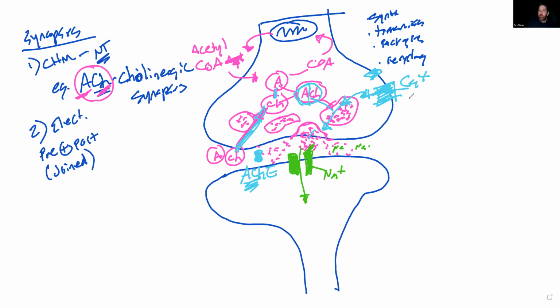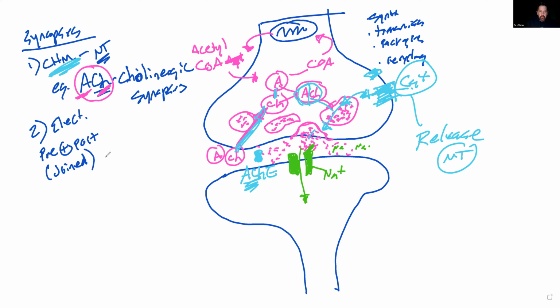So calcium is important for the release of a neurotransmitter, and in this case it's acetylcholine. So this is an example of a chemical synapse.